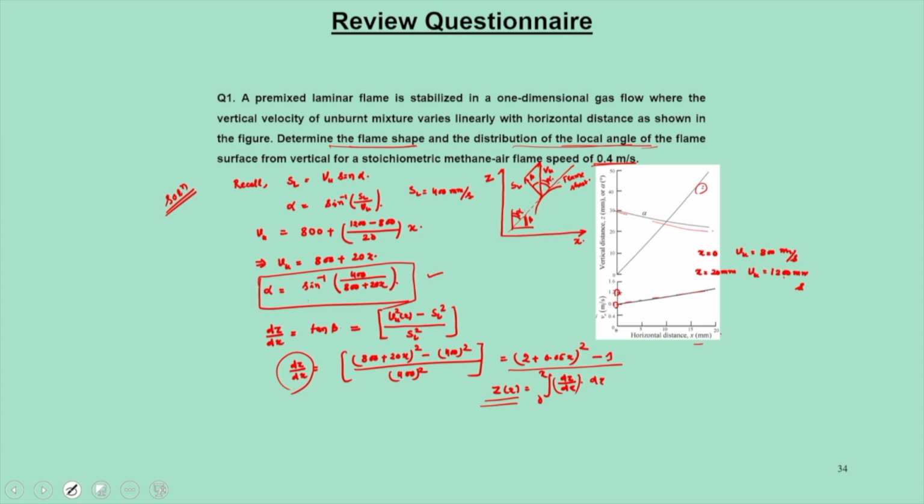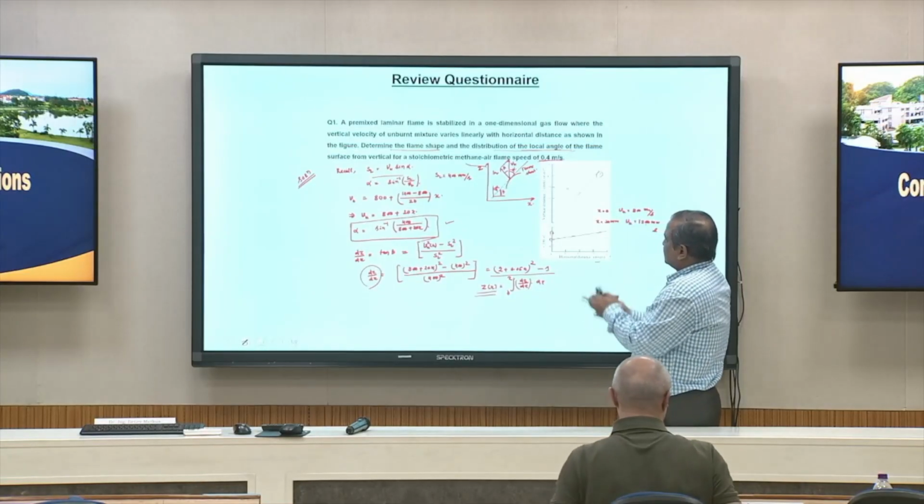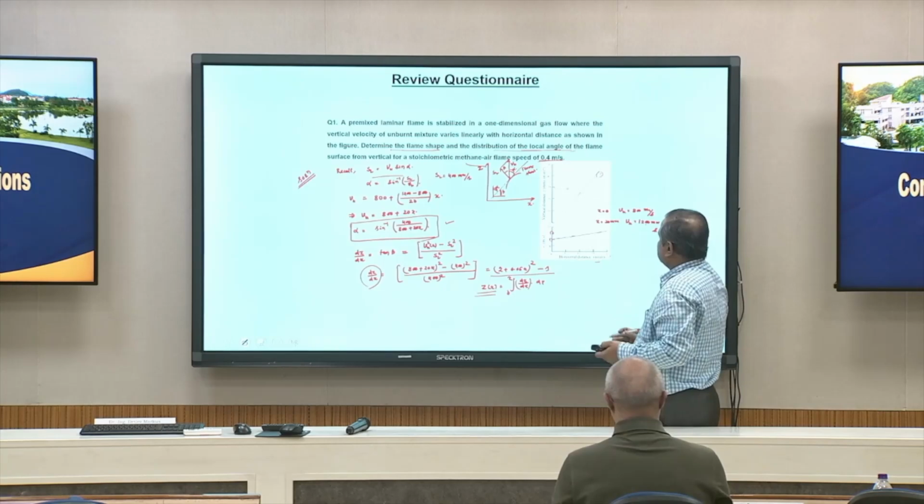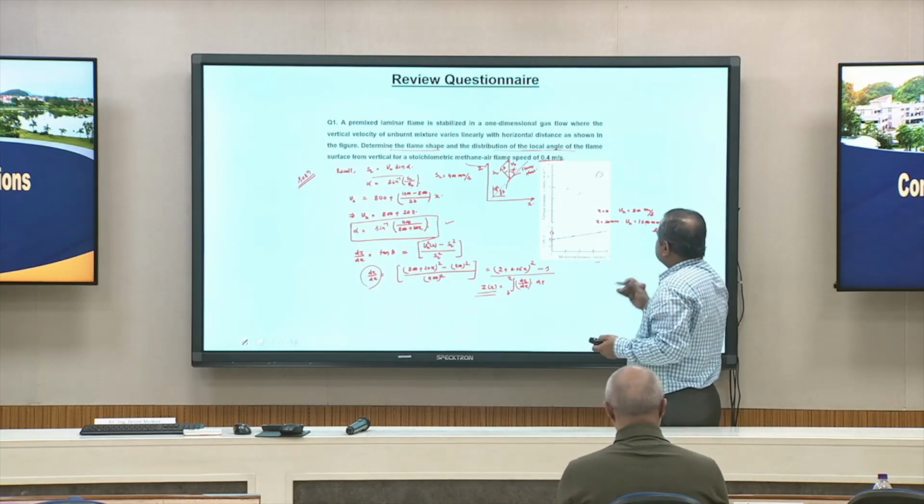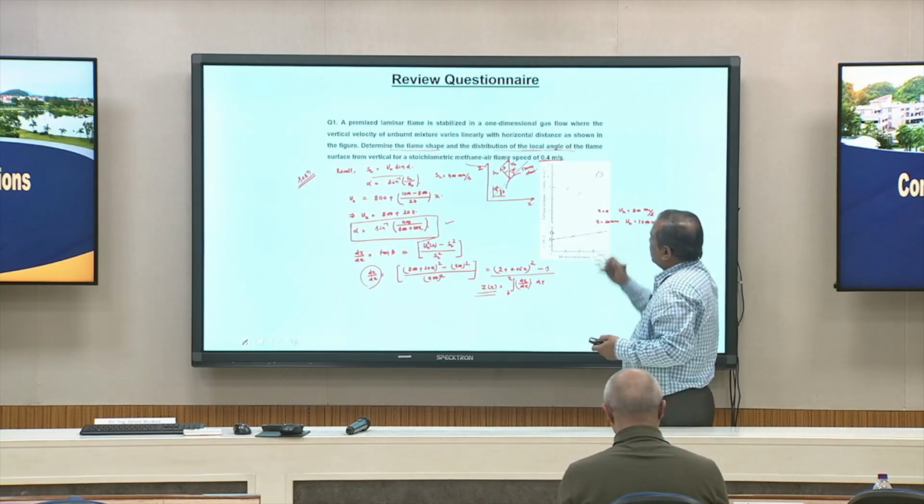Through those relations one can find out, for a particular case of a methane air flame, what the flame velocity should be. This involves the horizontal and vertical distance, because if you view this flame in a plane, we have horizontal distance, vertical distance, and an angle.